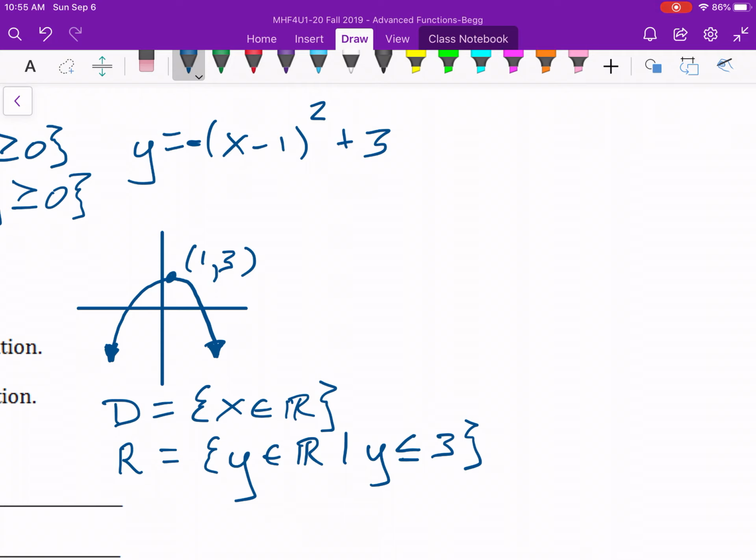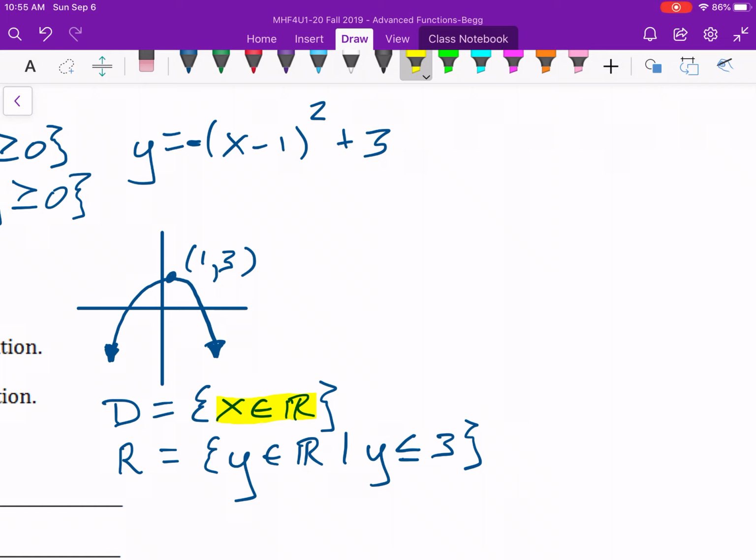Now, another way of thinking about it is I can't think of any X value that won't have a Y value, a point on this graph. And so if all X values are possible, the easiest way to say that is just to say that X is a member of the set of real numbers. That's what this is saying. Remember this weird terminology. Those squiggly brackets just mean the set of.